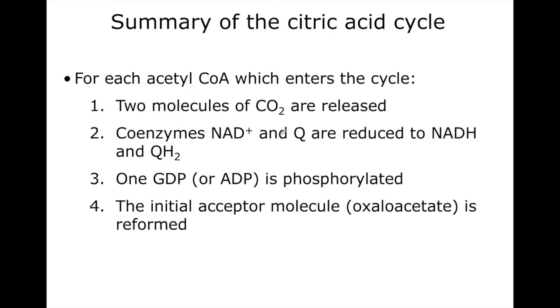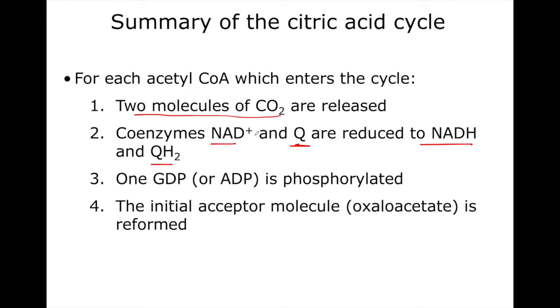So let's just review real quick that summary. For each acetyl-CoA that enters, we're going to produce 2 molecules of carbon dioxide through our decarboxylations. We have the coenzymes NAD+ and something else we'll talk about a little later, ubiquinone, which is sometimes abbreviated as Q, will be converted into NADH and QH2 or ubiquinol.